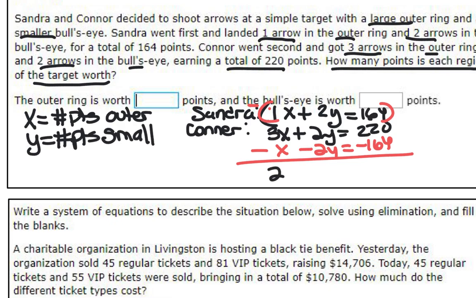So that gives me 2x equals, these cancel, 220 minus 164 is, let's see, it's not 136. 56.